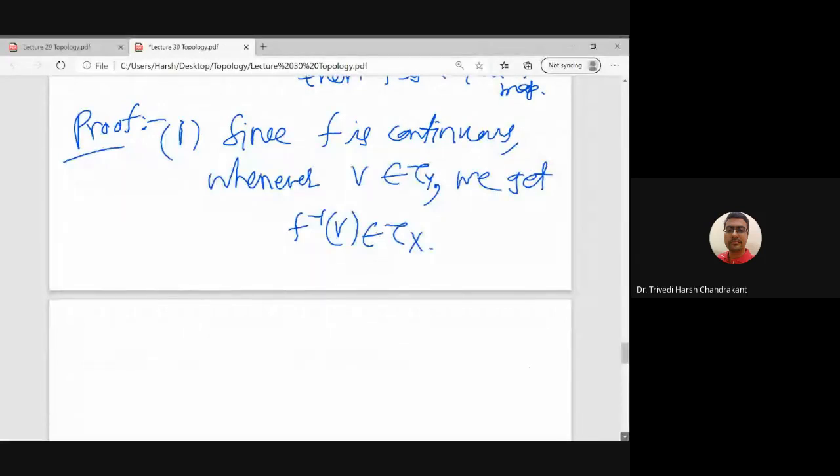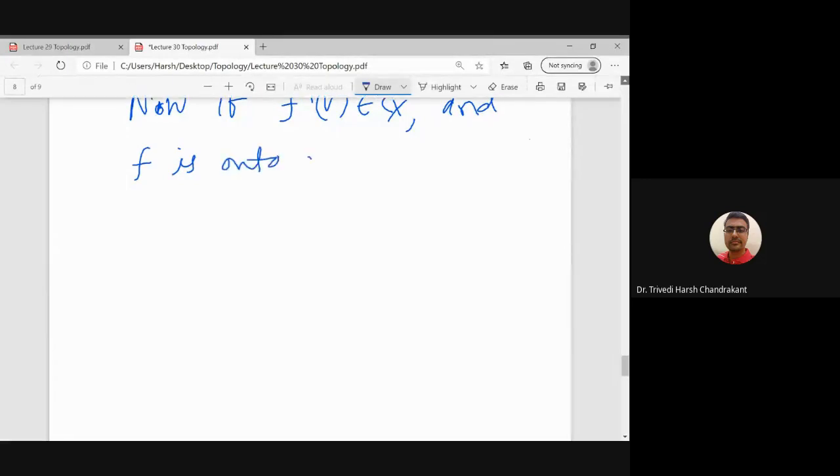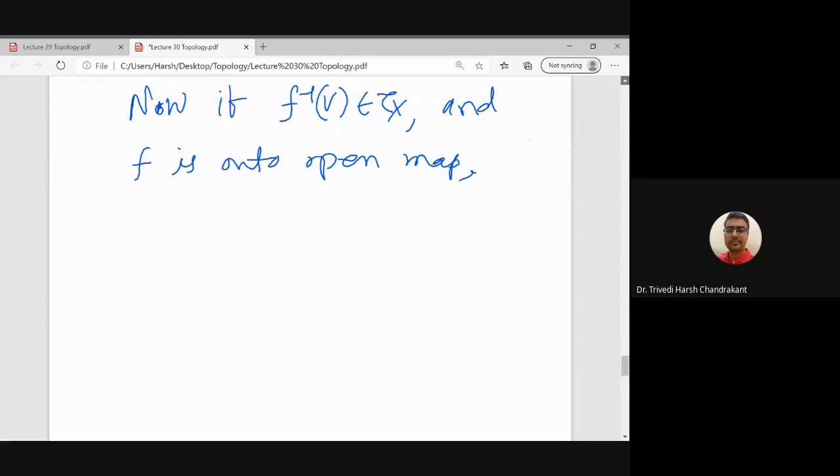So now, if f inverse V is in tau X, and we also know that, wait a minute, what is f? f is an onto open map. So since f is an onto open map, what we will get is what we just now discussed. We will get V equal to f of f inverse V, because f is onto.